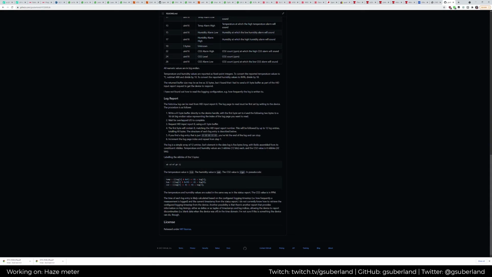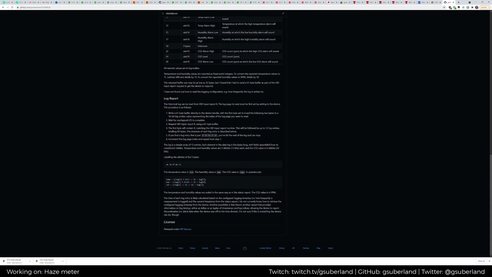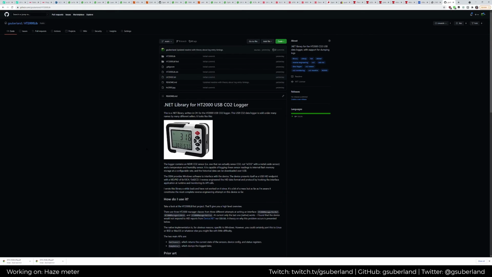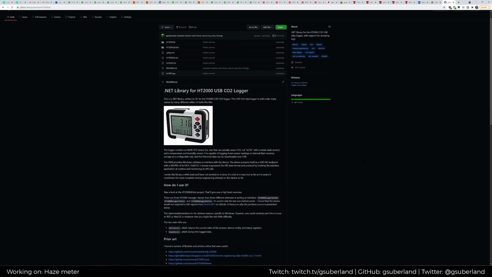But more importantly, I documented the log report, which means that you can now dump the log info, like all the historical logging of the CO2 meter over HID, which is quite nice. So I'm quite happy that I remembered. Well, somebody reminded me. I forget who it was. Somebody DM'd me about CO2 meters because they remembered that I knew stuff about CO2 meters.